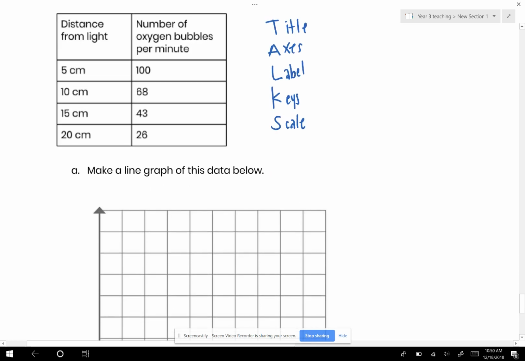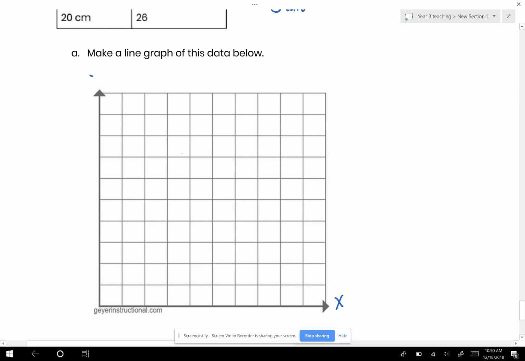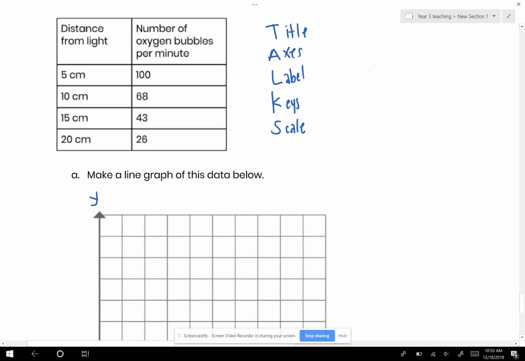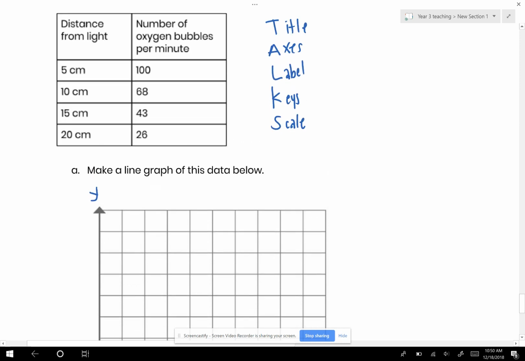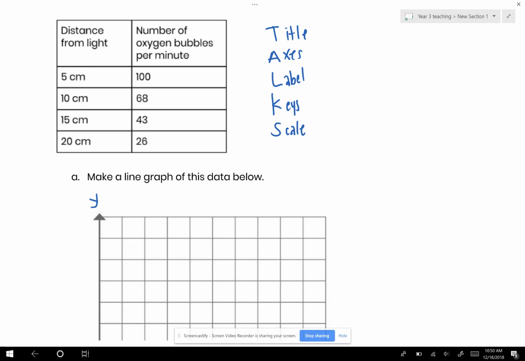So first, we'll start by labeling our X and our Y. This is our X, that's our Y. This is number of oxygen bubbles per minute. This is distance from light. Remember that whatever we are measuring goes on the y-axis. If you don't remember, our dependent variable goes on the y. That is that whole DRY MIX business that we talked about.